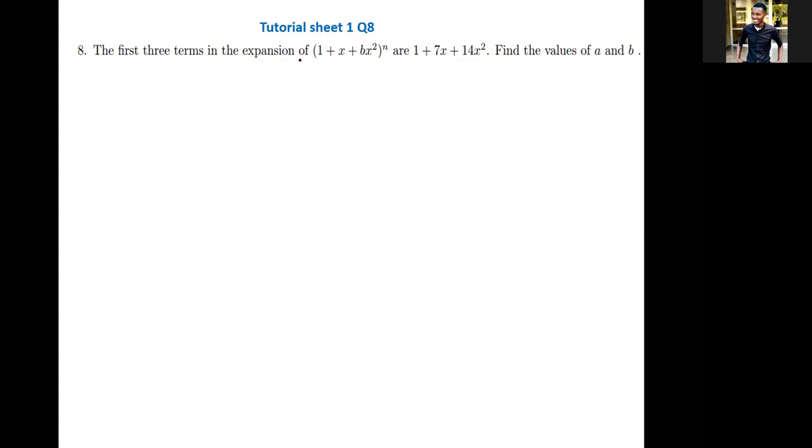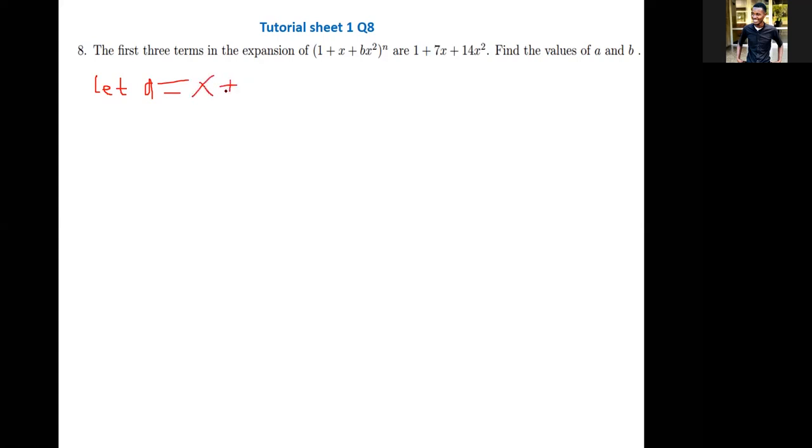Before expanding this, we just do a quick recap on what we did yesterday. You first have to equate this part to A, or to any letter of your choice. So I'll say let A be equal to this part here.